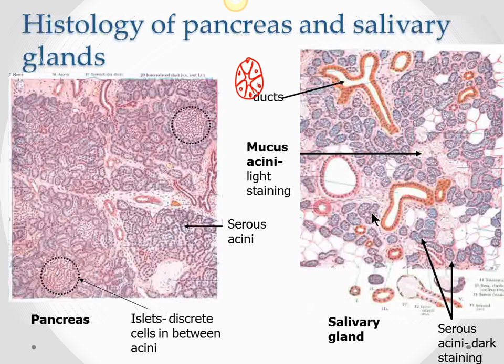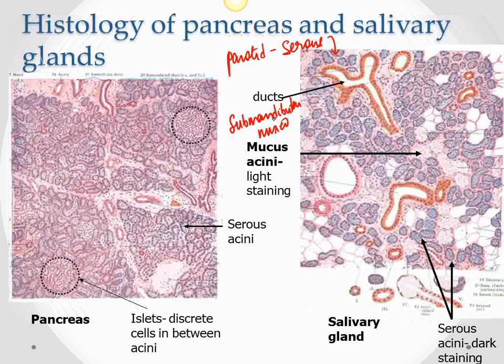Now we have three salivary glands. The parotid gland is what is called a serous salivary gland. So it will have only these dark staining acini. The submandibular salivary gland is a mixed type of salivary gland.